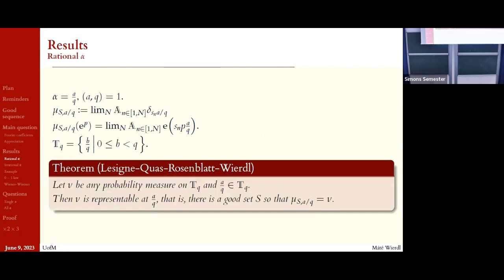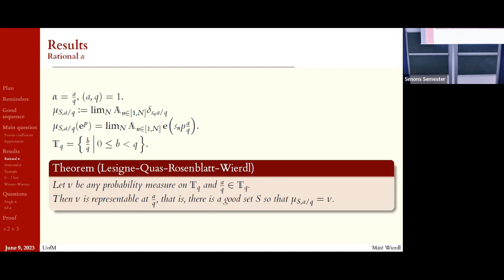And we have this pleasing theorem. If we take any probability measure nu on the Qth roots of unity, and we take any element of T sub Q, then nu is representable at A over Q. That is just a reminder of this definition.